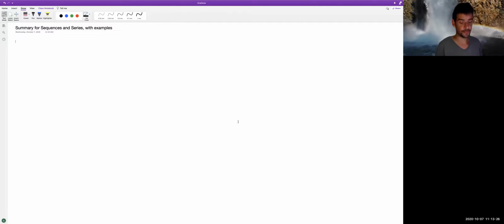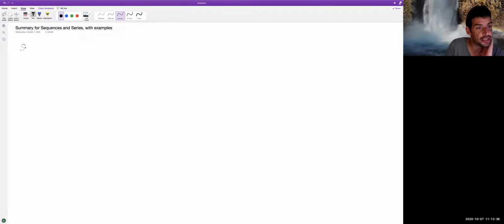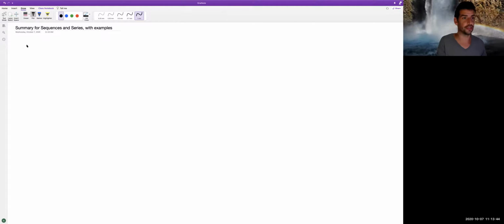So before we take that turn, I want to take a little overview of what we've done. One of the first confusions is just keeping track of what is a sequence and what is a series. In common language, we often use these terms interchangeably, but they're two very distinct things in mathematics.